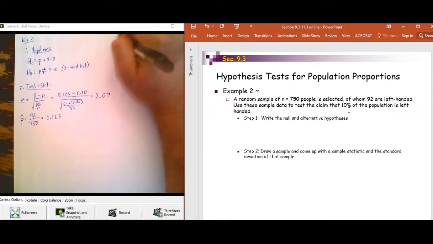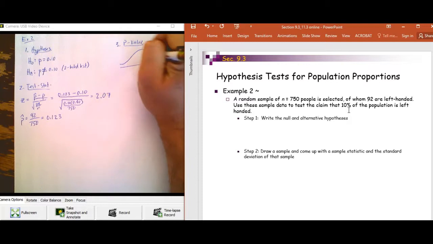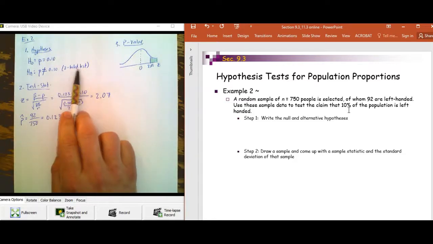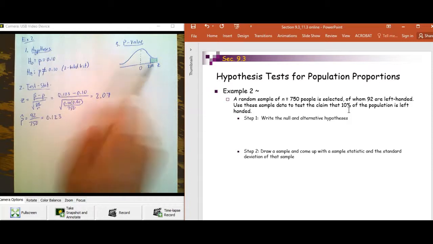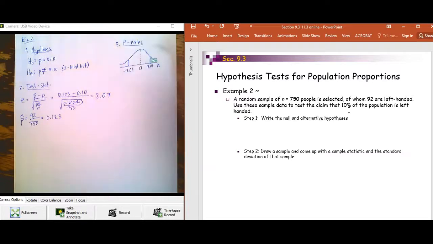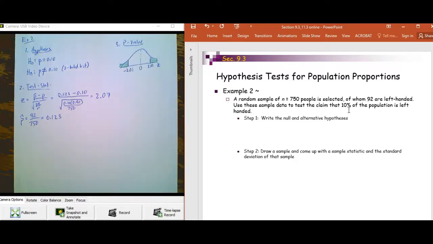Step 3 is find the p-value. We're working with the normal distribution, z distribution. 2.07 is up here, so we need this area. But recall that this is a two-tailed test, so we need to check above and below the positive and negative test statistic. So we're looking for these two equivalent areas.